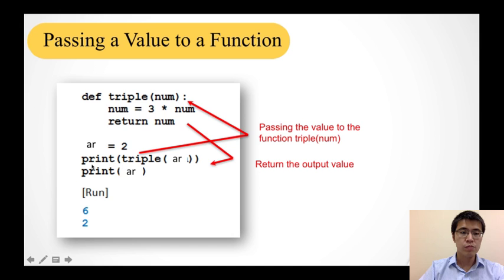So when we say print triple argument, we will triple the value 2. As a result, we get 6. And if you print this argument, we will have 2. So now you see the parameter is what is asked for from the function, and the argument is what we gave to this function.